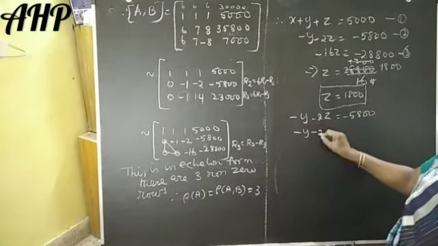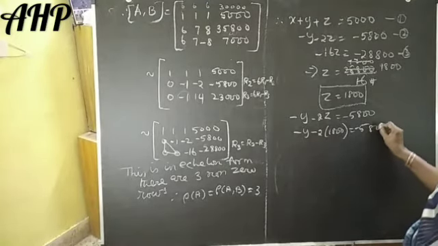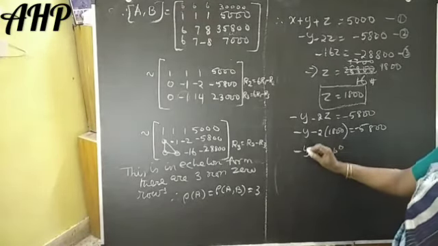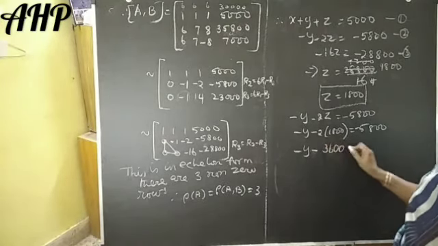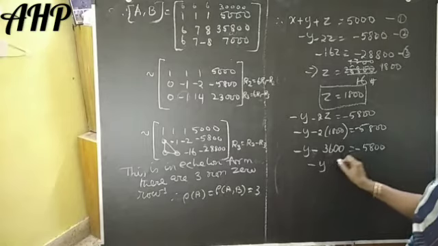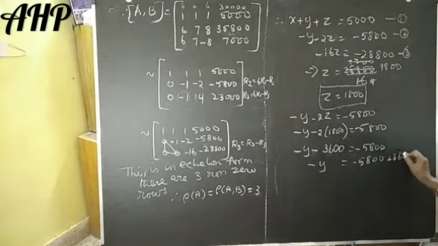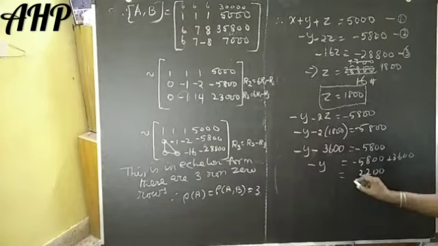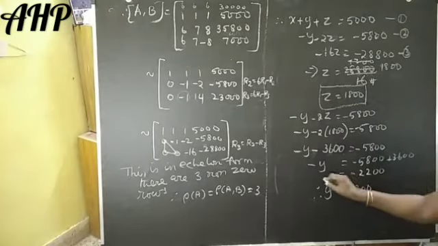Minus y minus 2 into 1800 is equal to minus 5800. So minus y is equal to minus 5800 plus 3600, which gives you minus 2200. Therefore, y is equal to 2200.